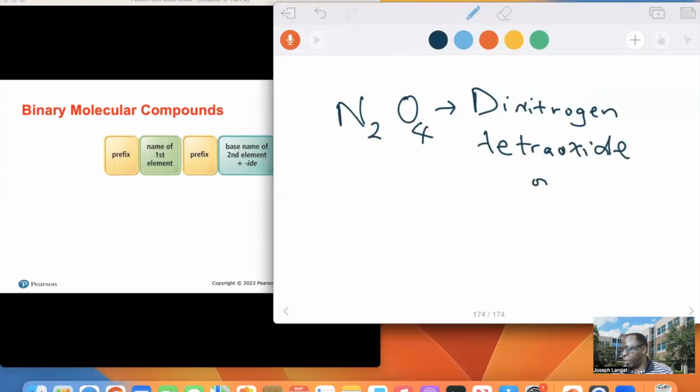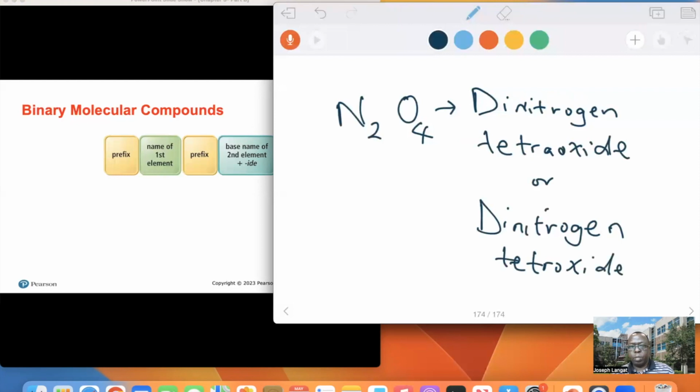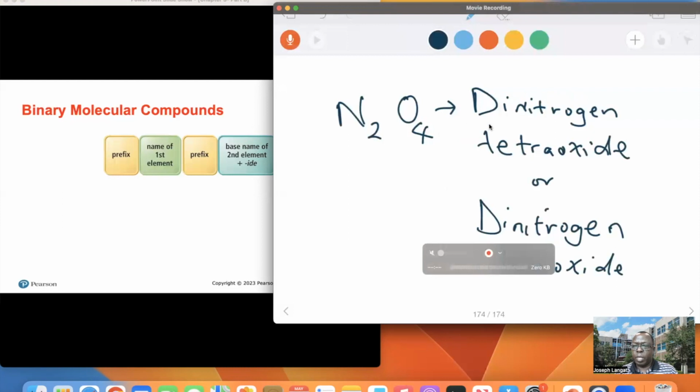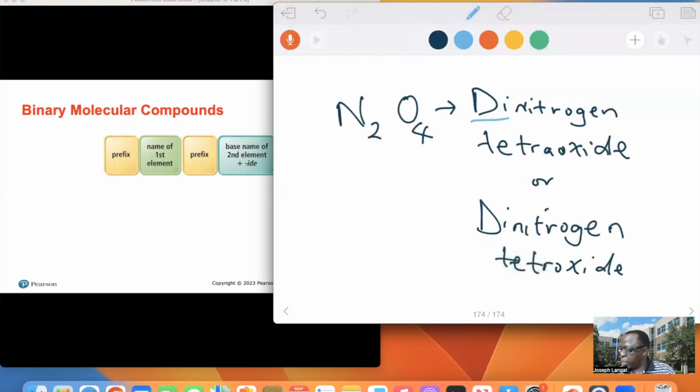All right, some others call this dinitrogen tetroxide for the oxide. You notice that I've used the prefix here, di. This is where we have the prefix di. This is tetra for 4, and this is di for 2.